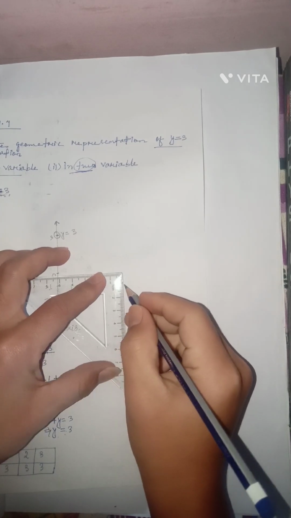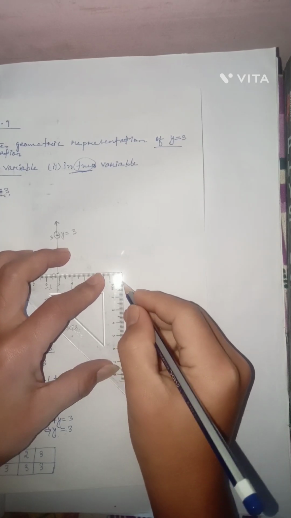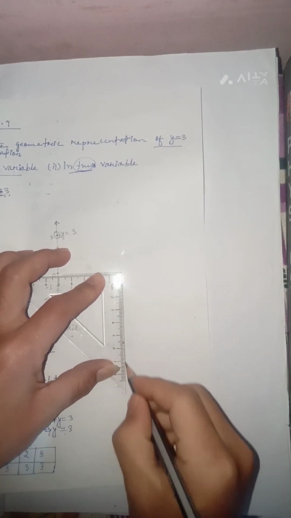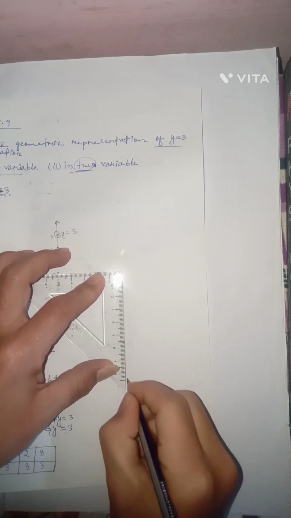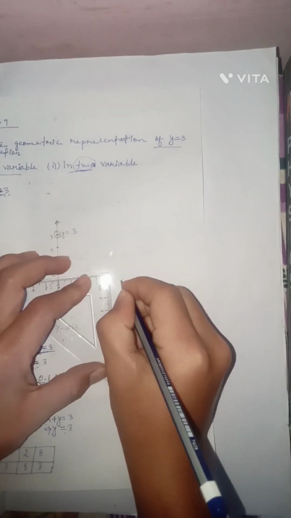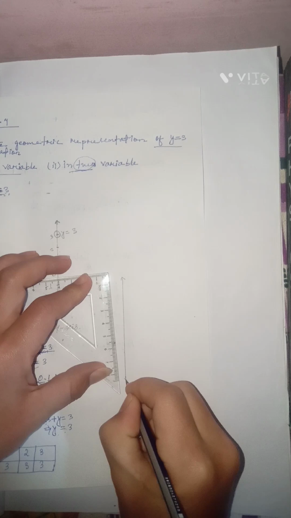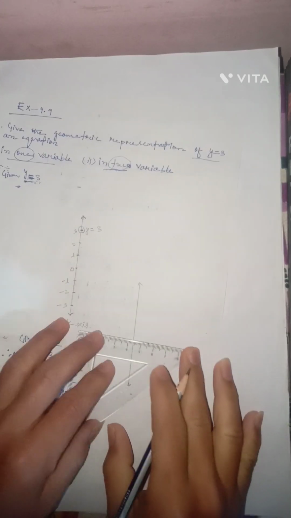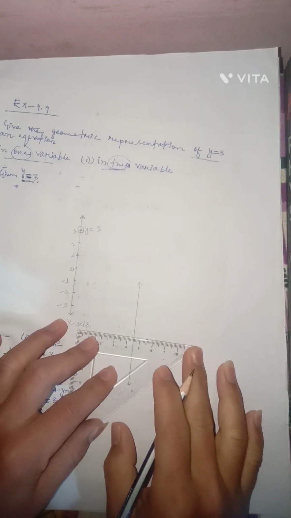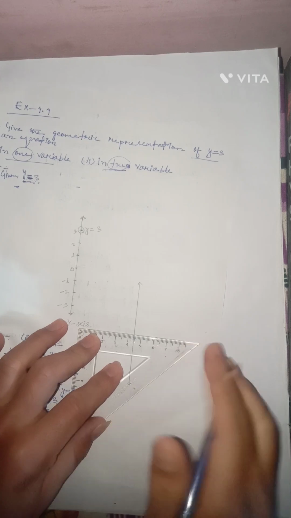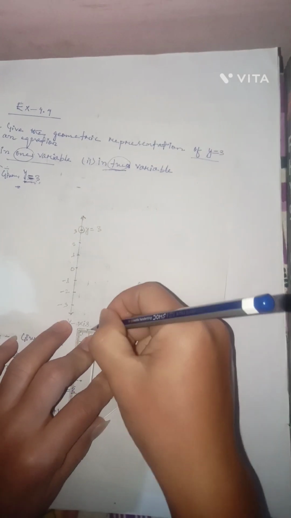As the question mentions, it is two variables. In order to do that, we have to draw two lines. One will be the x-axis and one will be the y-axis. Let me take this one as the y-axis and this one as the x-axis.